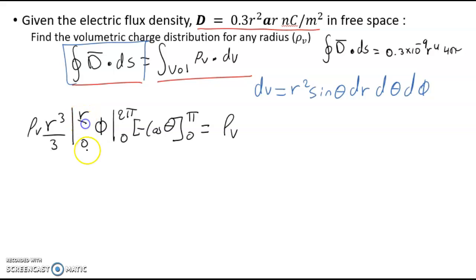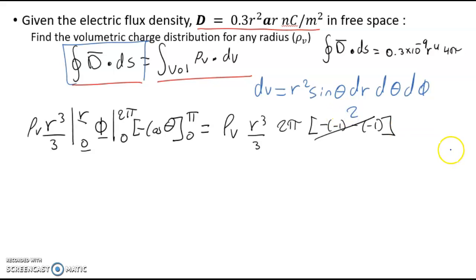If we evaluate that between 0 and the radius, it's going to be radius cubed over 3. If we evaluate phi from 0 to 2 pi, the result is going to be 2 pi. If we evaluate minus cosine of theta from 0 to pi, the result is going to be minus minus 1, minus minus 1, which is going to become 2.